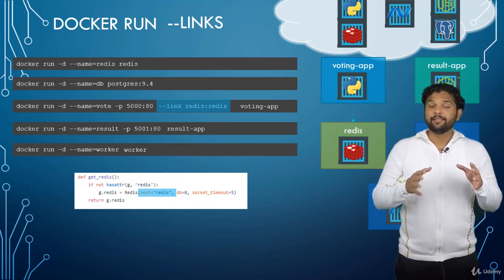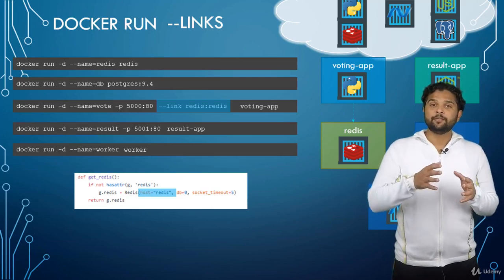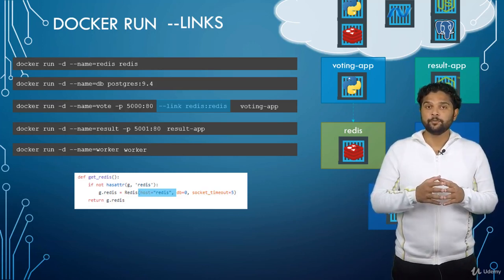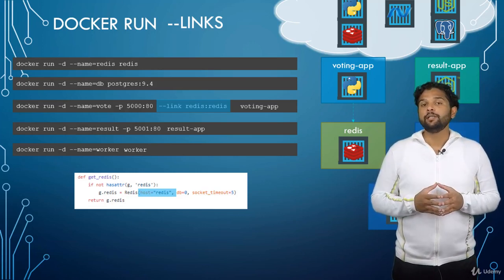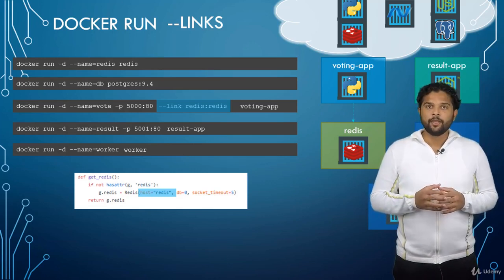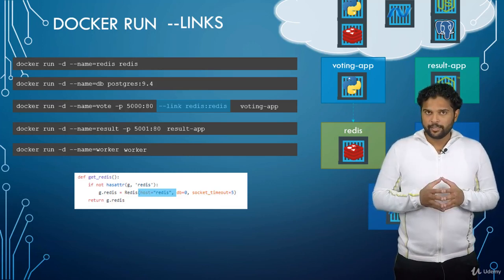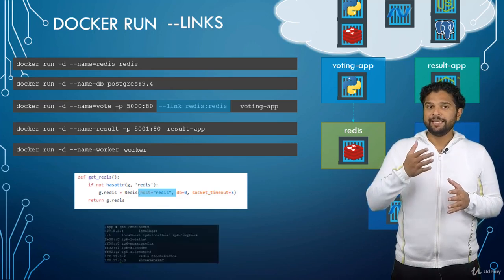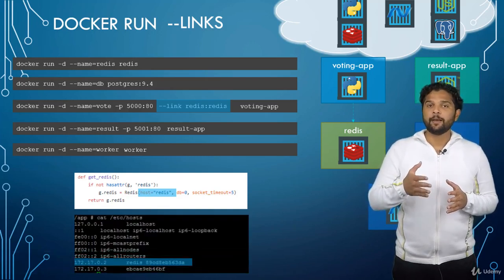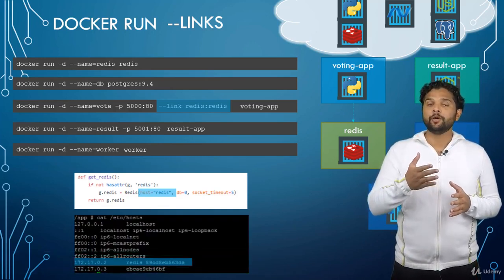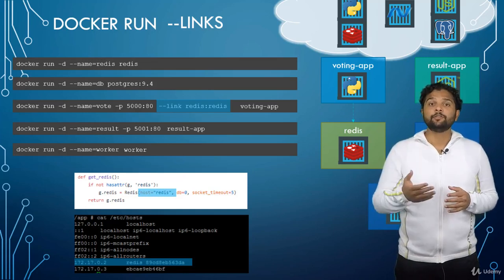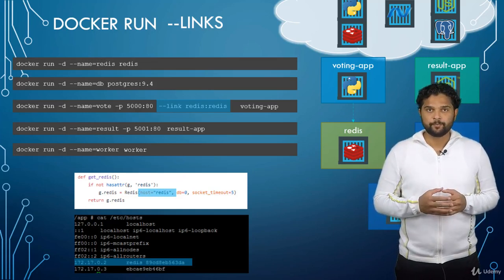Remember that this is why we named the container when we ran it the first time, so we could use its name while creating a link. What this is in fact doing is it creates an entry into the /etc/hosts file on the voting app container, adding an entry with the host name redis with the internal IP of the Redis container.